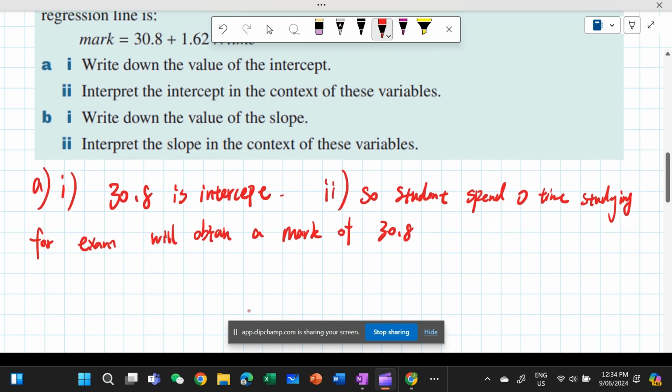And your slope, for question B, 1, will be 1.62.